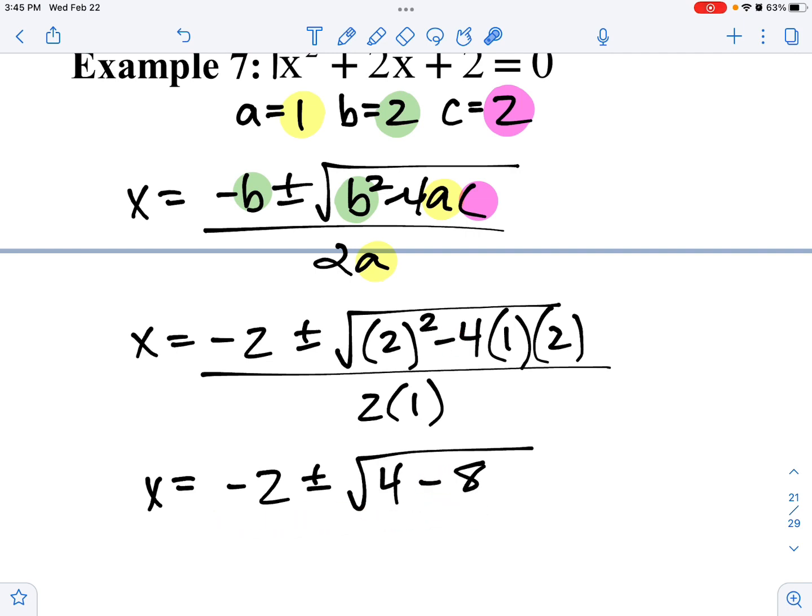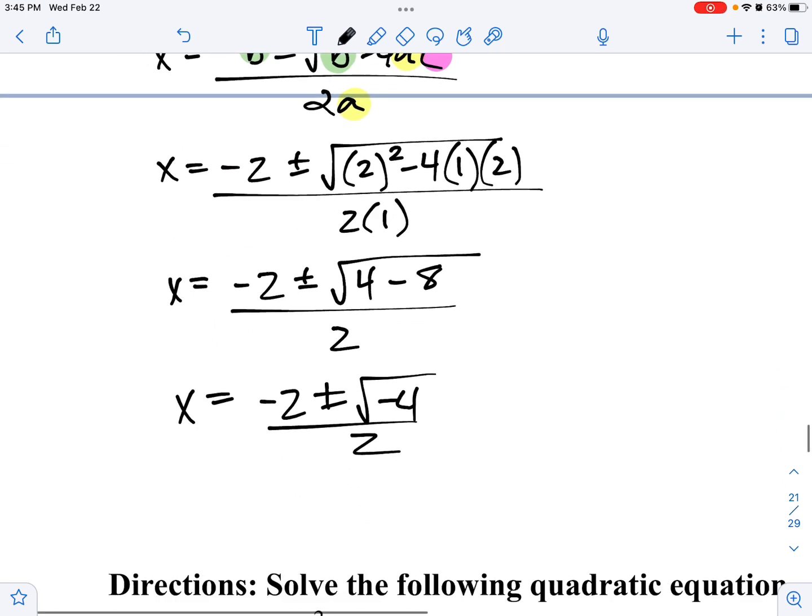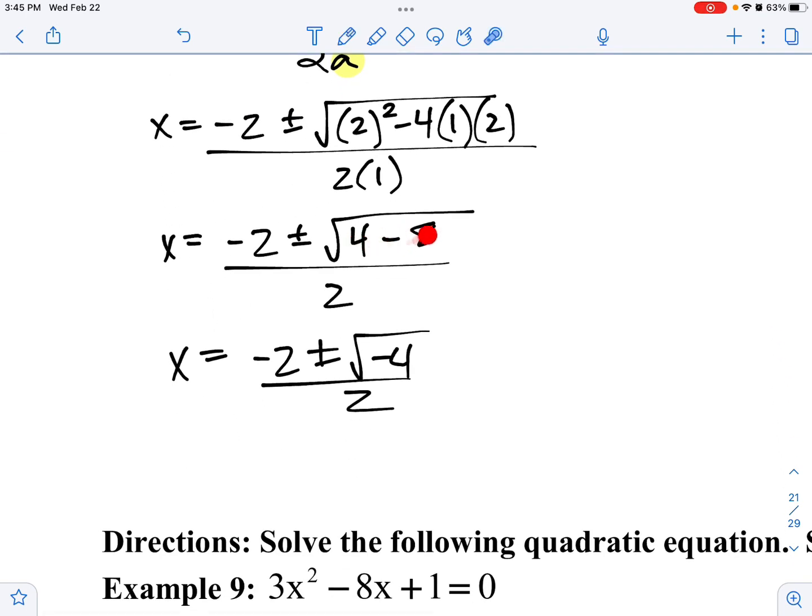And in the denominator, I have 2 times 1, which is just 2. Okay, so what I can do is combine these numbers inside the square root. 4 minus 8, I know how to do that. And I'm pretty sure all I did is combine 4 minus 8 and got negative 4. Kept everything else the same.